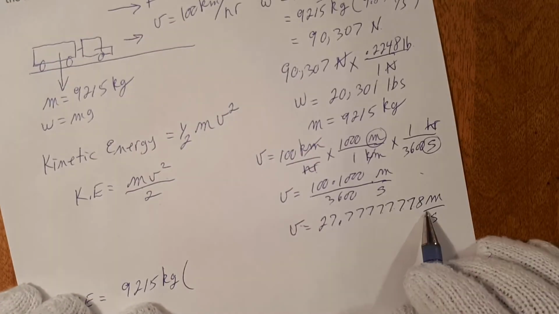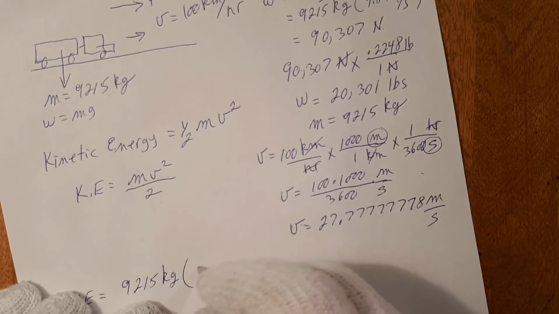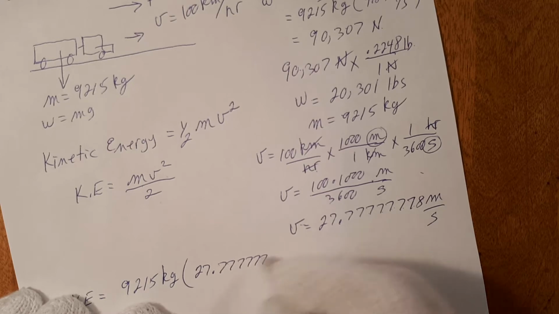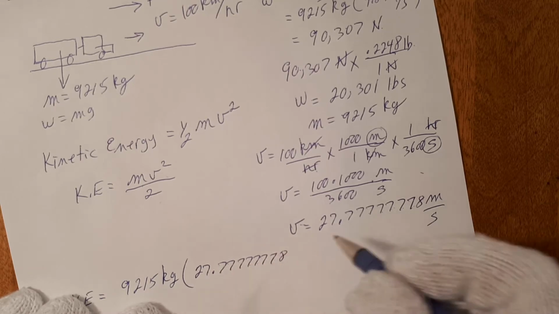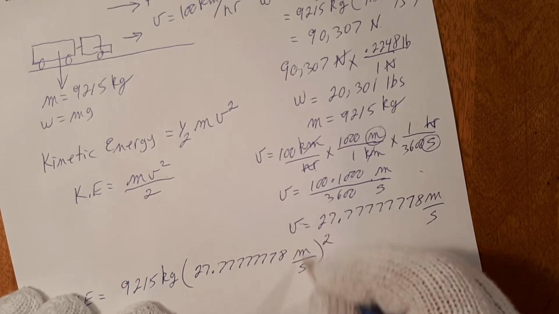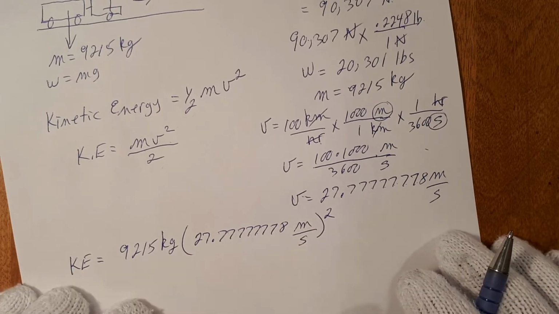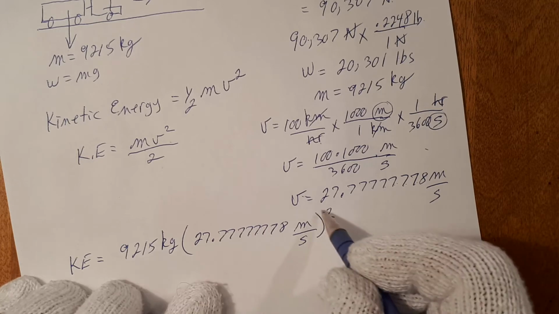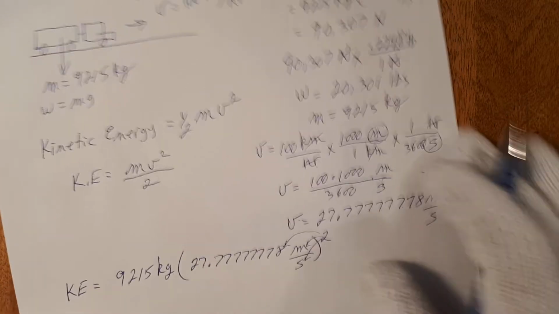This is what I have for velocity, and I'm going to use all of these numbers, 27.7777 meters per second, and everything is squared, including the units. Everything goes inside the brackets. So we need to remove the brackets. That square operates on the number, and it also operates on the units.